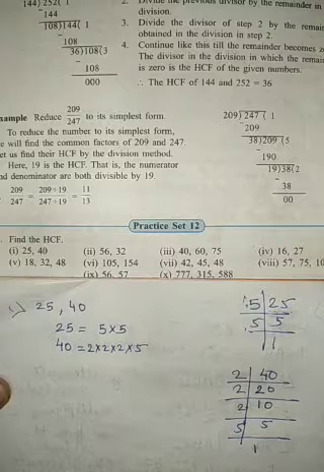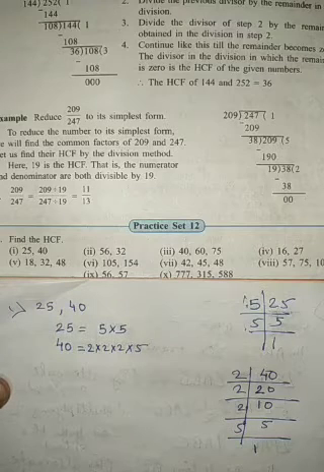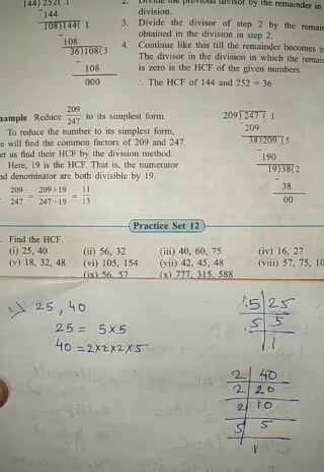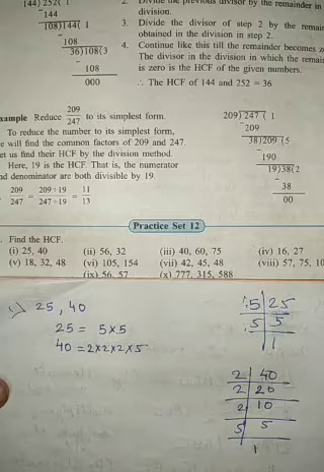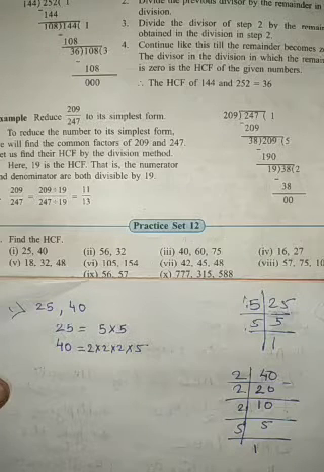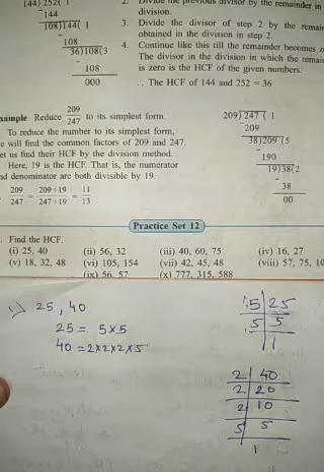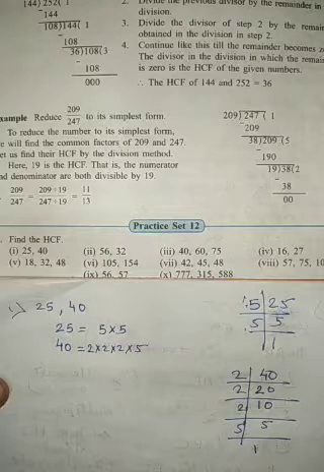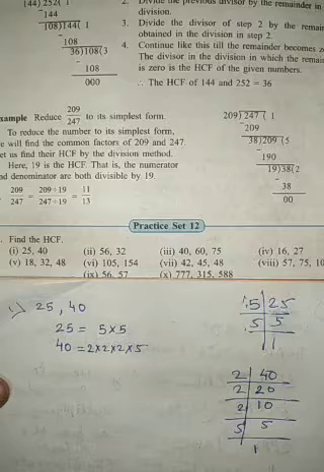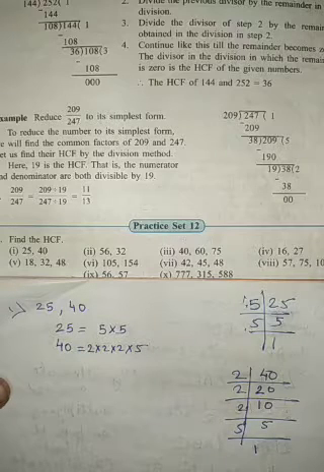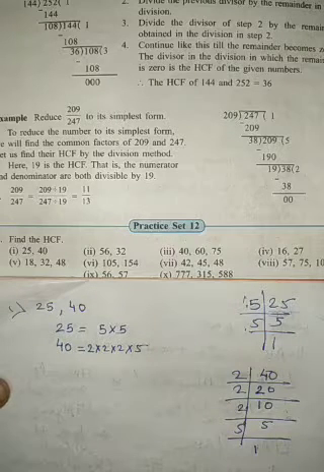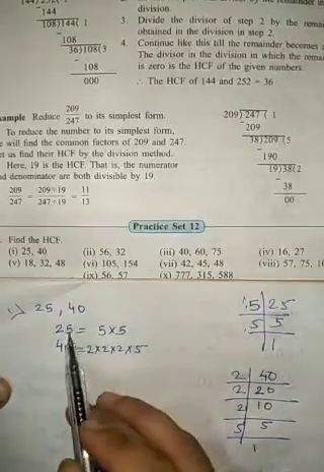The full form of HCF is highest common factor. Now we have to see the common factors between these two given numbers. So what is common in this? Let's see what is common in both the numbers.